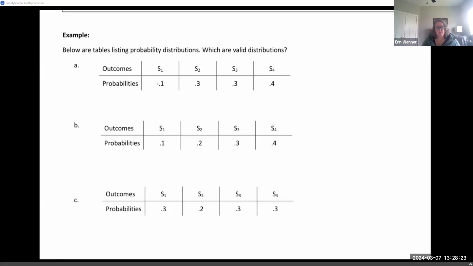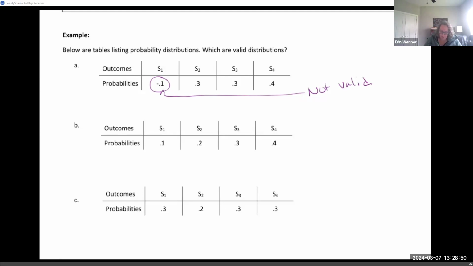In our first probability distribution, we can tell right away it's not valid because one of our individual probabilities is -1. The outcome S1 has a probability of -1, which makes it not valid. Looking at distribution B, all of our probabilities are between 0 and 1.